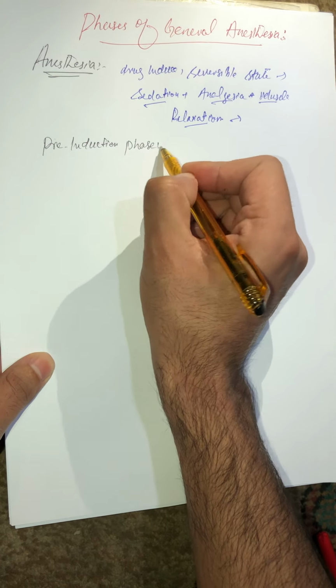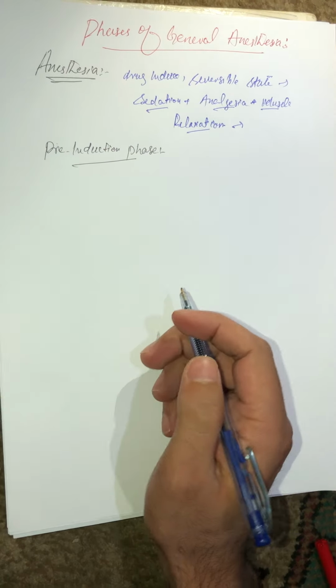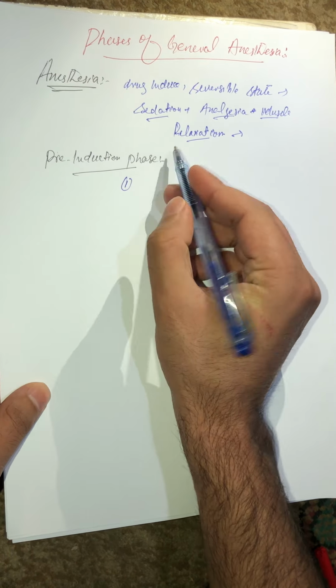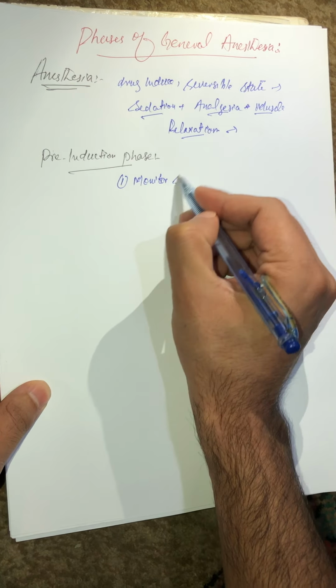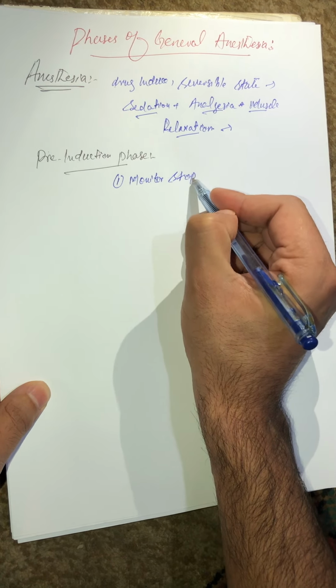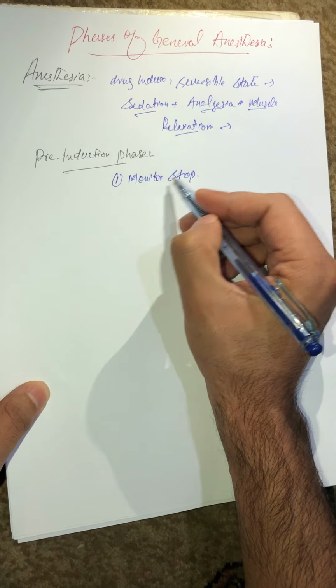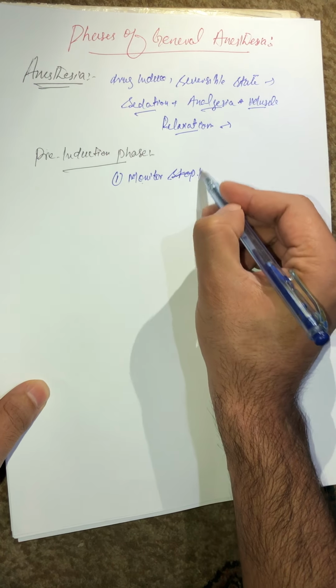And what will we do in the pre-induction phase? We will check 3-4 things. The first one is to monitor the BP of the patient, because we can't sedate a patient with a very high or very low BP. So monitor blood pressure.